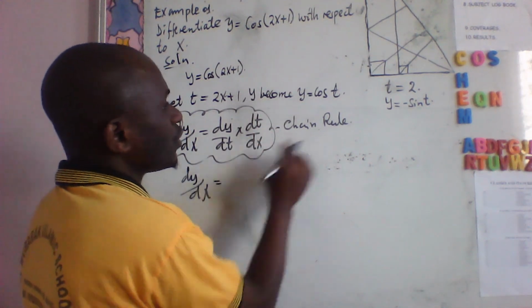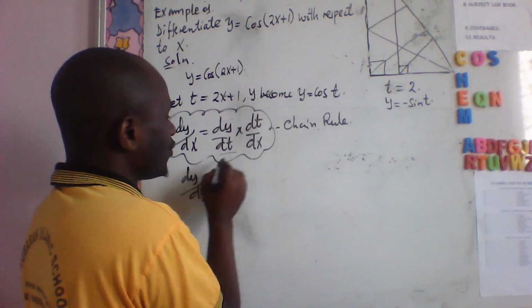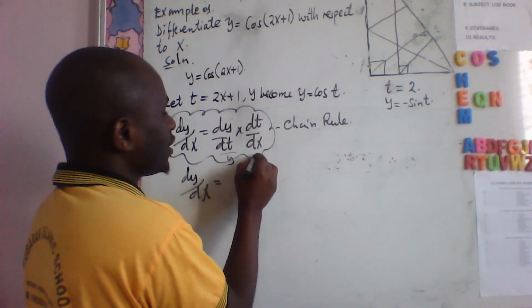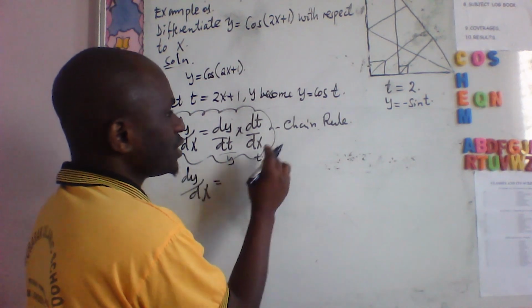So here, we have the value of y, and here the value of t. So let us place them there.